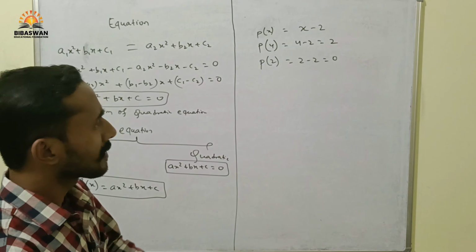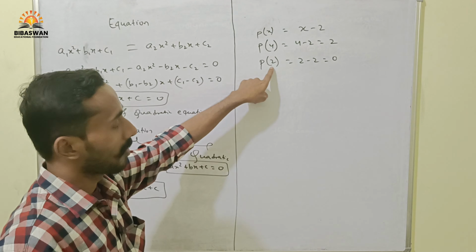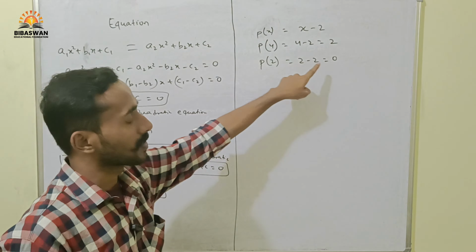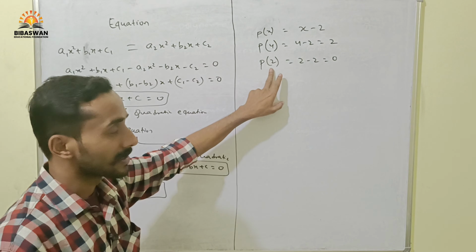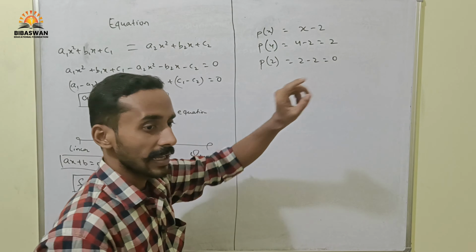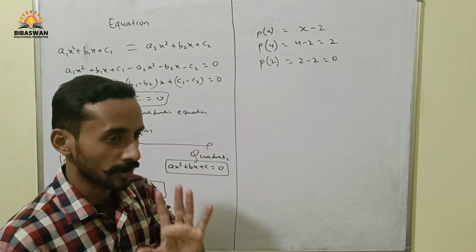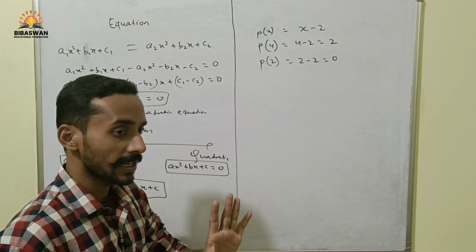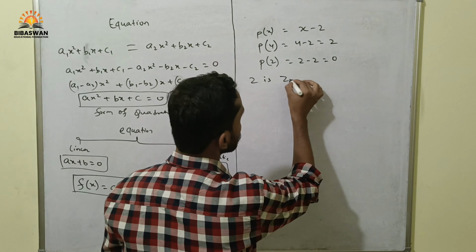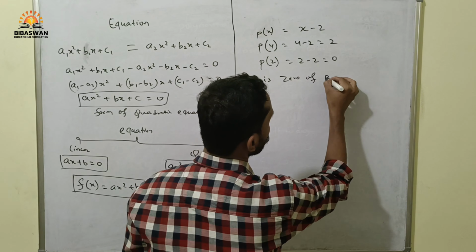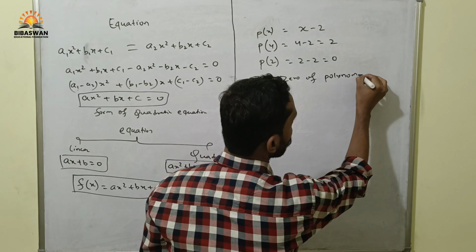So we can say that the value of the polynomial at 2 is equal to 0. The value of x that gives the result 0 is known as the zero of the polynomial. So 2 is known as the zero of the polynomial. Any problem here?